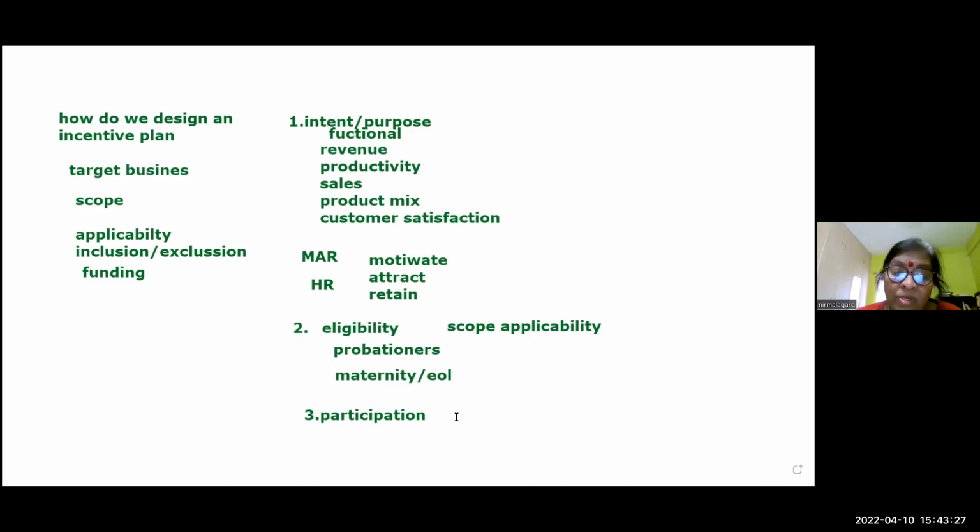HR person, supportive person will have 10%, 20%, 15%. So participation means what percentage of base salary, base pay will be your variable pay. Then 4th, very important. What is it?